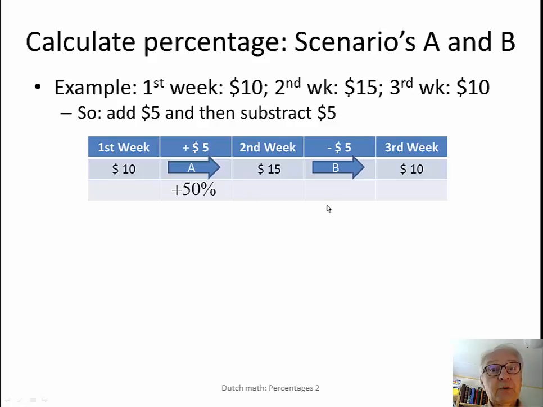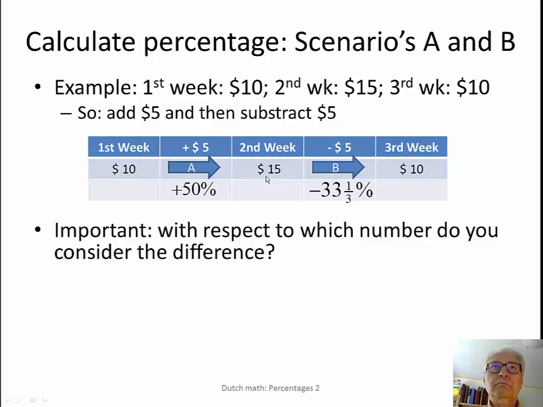In the second week, however, your profit decreased not by 50% but by 33%, because you have to take into account that you started then with $15. So we see that it's important with respect to which number you consider the difference.